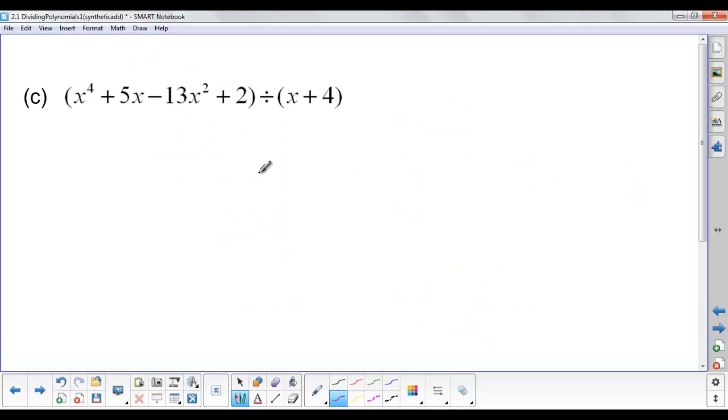Here's another example where you need to make sure things are in order before you go ahead and do the division. So for example, in our dividend, we see that exponents are not in descending order. So we need to fix that.